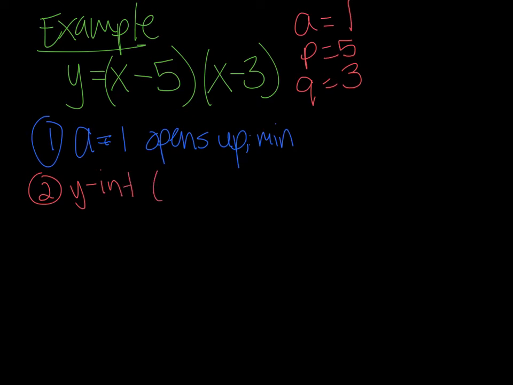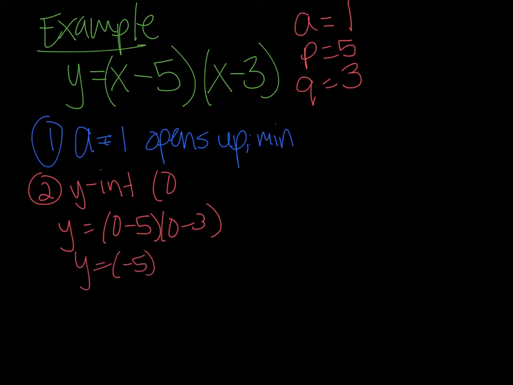So when x equals 0, what does y equal? Well, let's see. y equals 0 minus 5 times 0 minus 3. y equals a negative 5 times a negative 3, which gives us a positive 15. So when x is 0, y is 15.